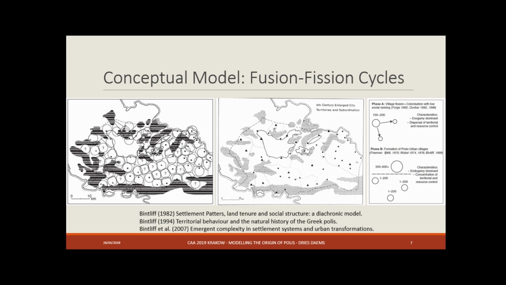So a number of communities spread out across the landscape, and throughout time these communities started to fill in the landscape. So we see new communities popping up throughout the landscape until at some point this landscape is pretty much filled up.